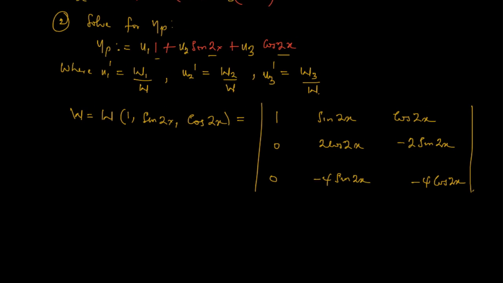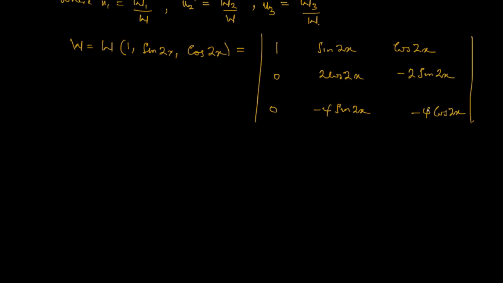So when we simplify this, that's going to be 1 into 2 cosine of 2x times minus 4 cosine of 2x minus minus 2 sine of 2x times minus 4 sine of 2x.